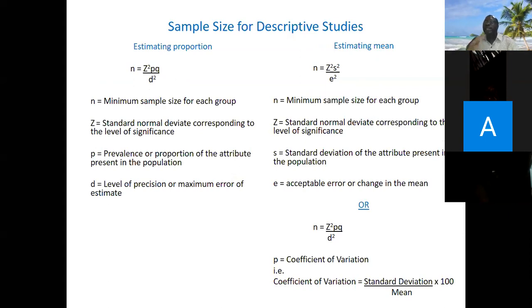Coefficient of variation is standard deviation over mean. What you just do is cancel out the unit, which is the unit that's causing the problem. When you divide the standard deviation by the mean of the same attribute, it cancels out the unit. In that case, you can express it as a percentage. So we call it the coefficient of variation.